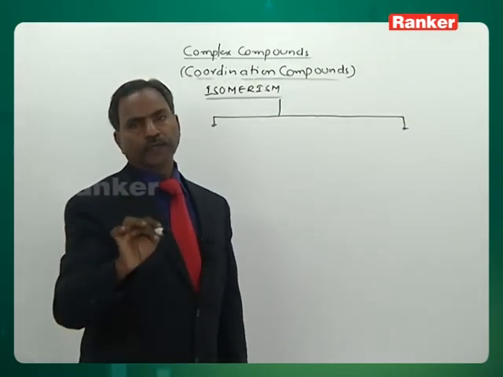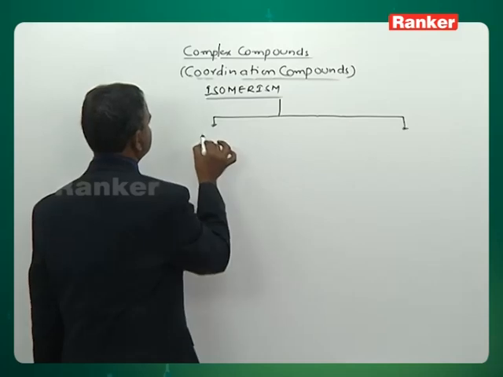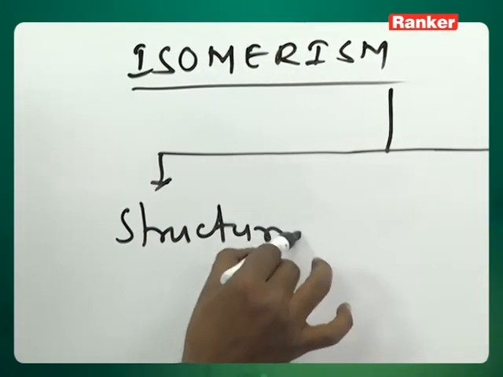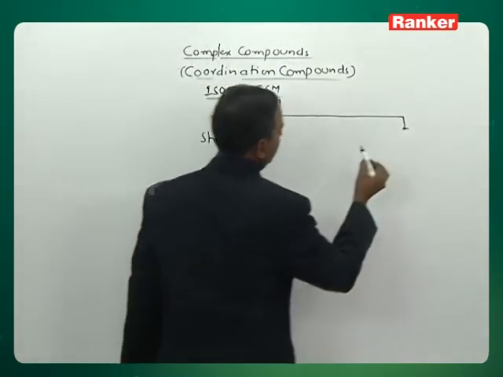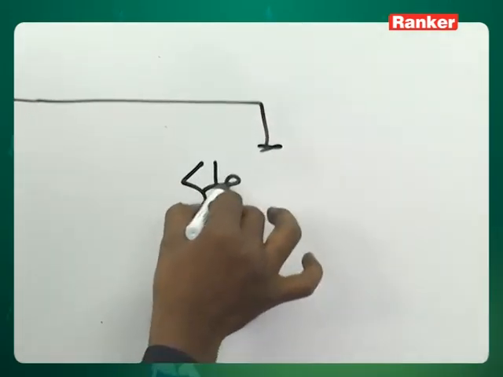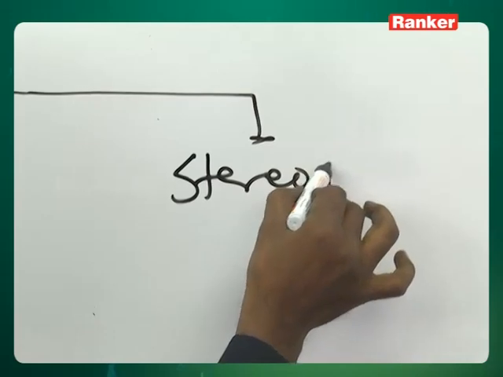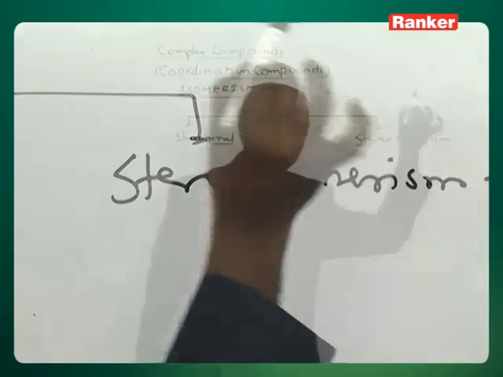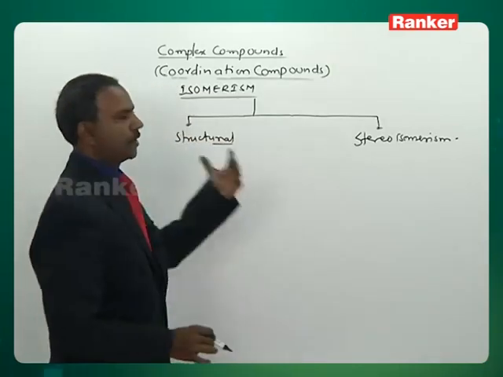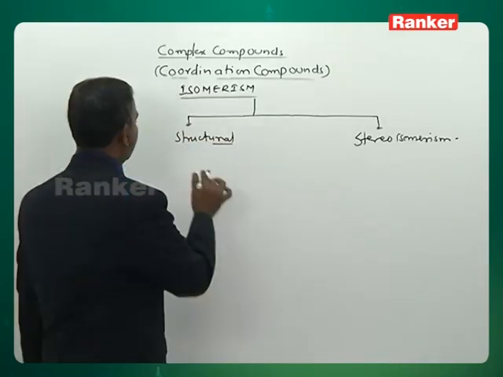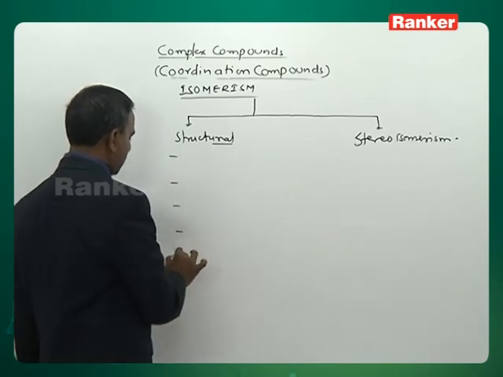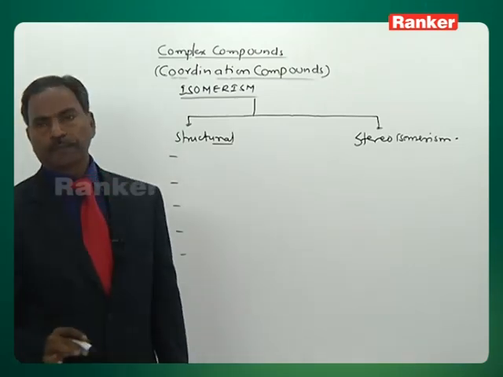One is structural isomerism, the second one is stereoisomerism. Under structural isomerism, different types are there. What are the types under structural isomerism? Let us see.